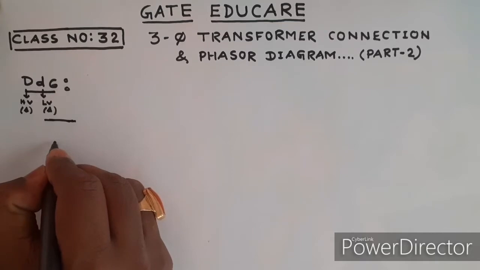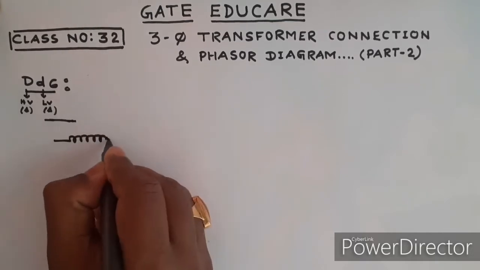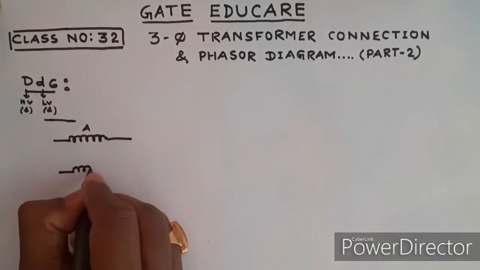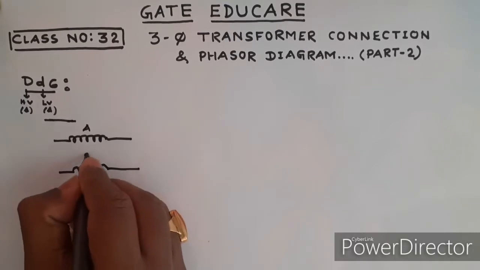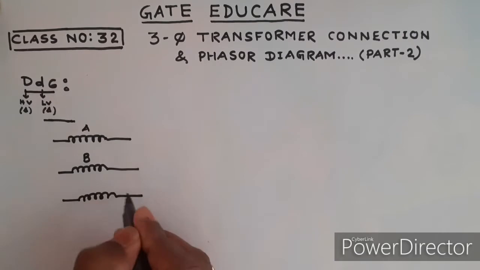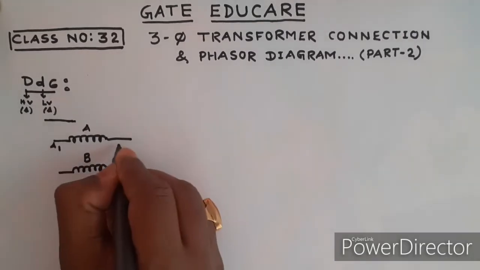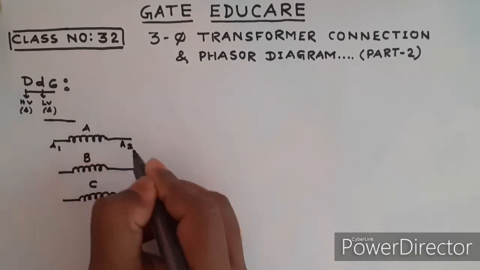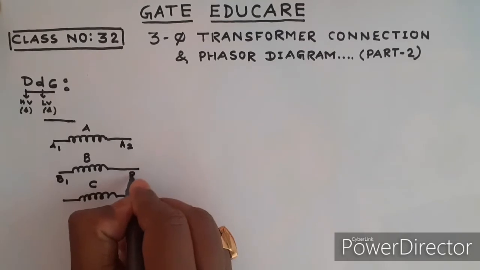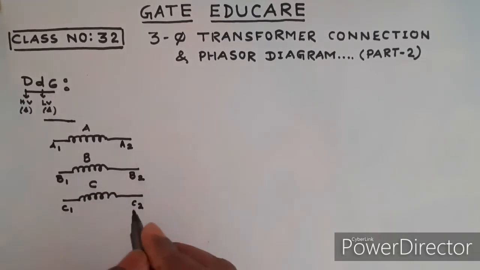First I draw the high voltage winding. High voltage will have more number of turns. Suppose this is phase A, this is phase B, and this is phase C. This is the starting of phase A denoted by A1, the ending denoted by A2, and B1, B2, C1, C2.